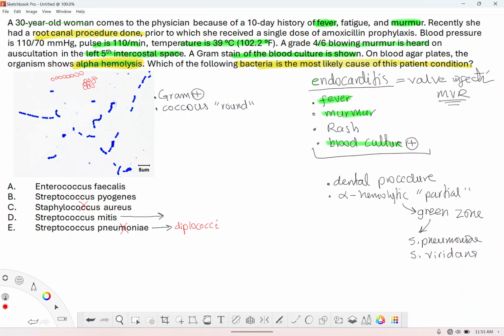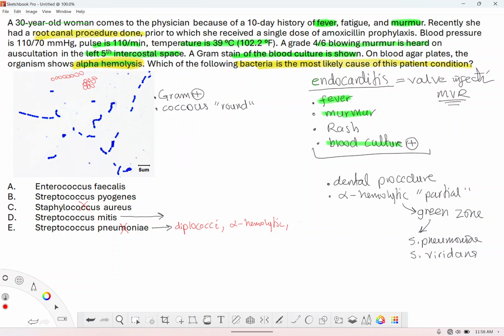The second thing is Streptococcus pneumoniae causes pneumonia. It's unlikely to cause endocarditis, rarely. And Streptococcus alpha hemolytic. Now I will give you the characteristics of this.